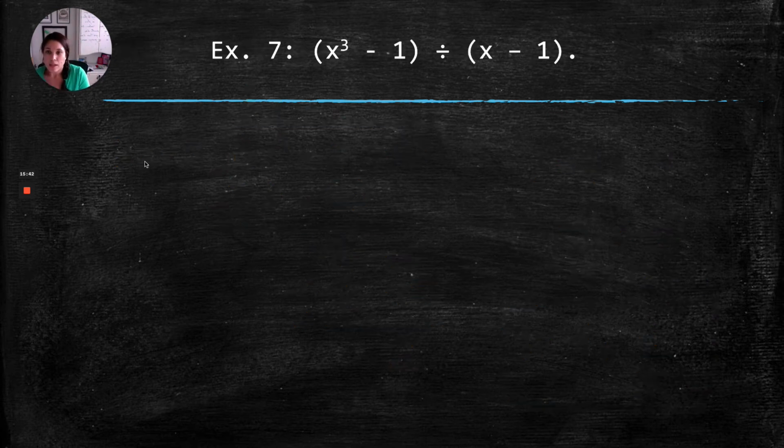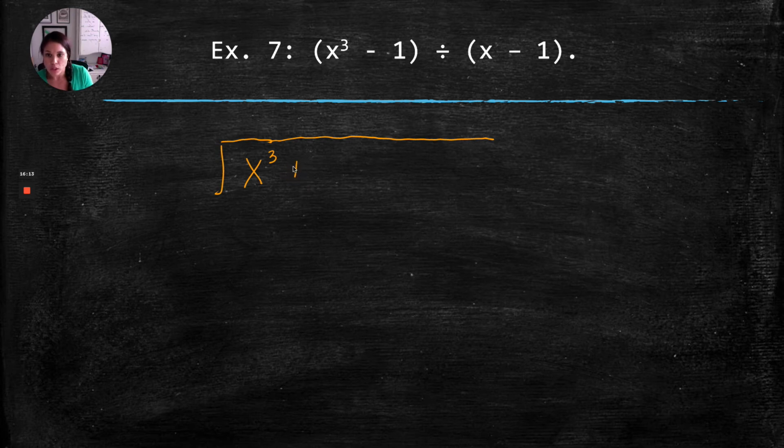Okay. Example 7, x cubed minus 1 divided by x minus 1. Okay, so there's a little trick to this one that I need you to pay attention to. So we have x cubed, but we have to go in order of terms. It's not mentioned here in this binomial that there is an x squared and an x, but we have to add it to this division problem.